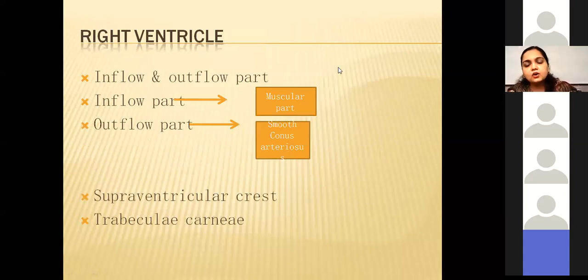Now come to the right ventricle. The right ventricle again has a smooth wall part and a rough wall part, also called the inflow and the outflow part.